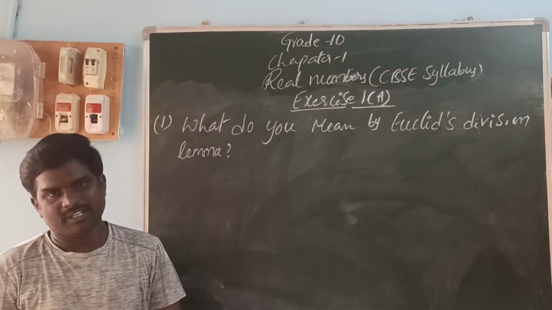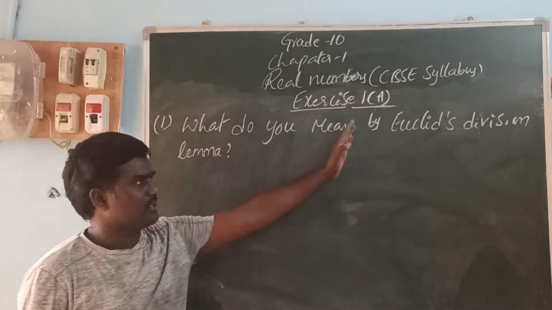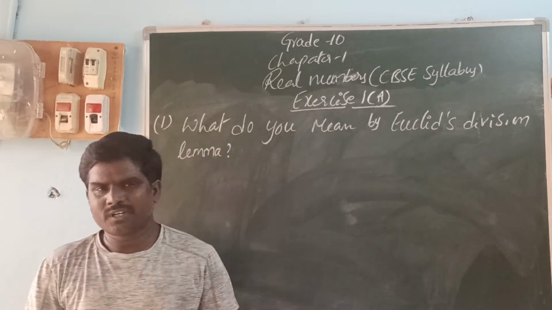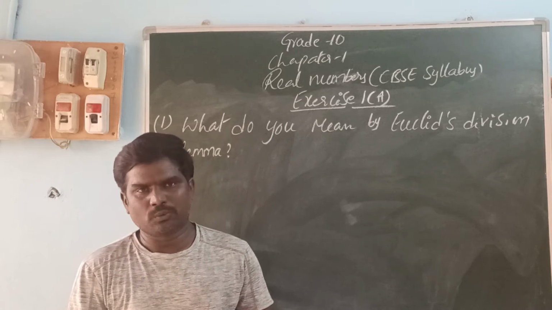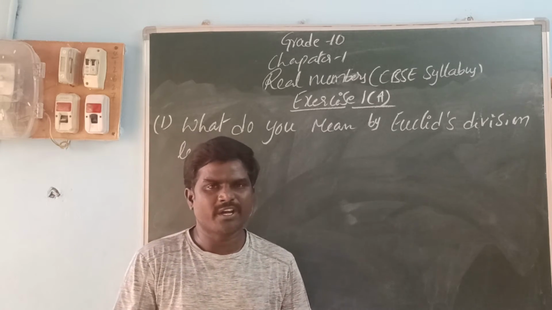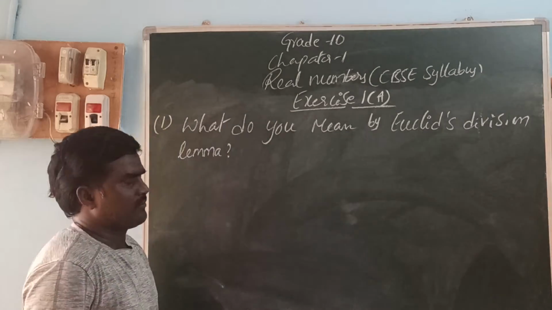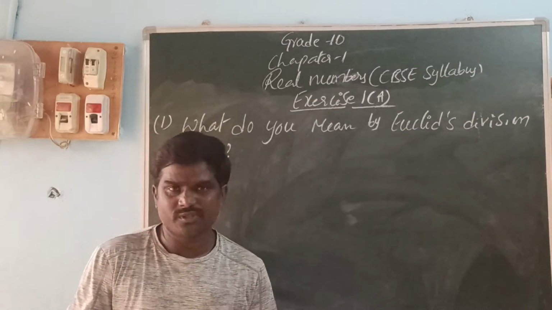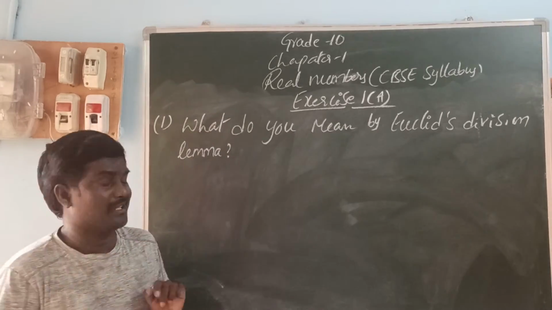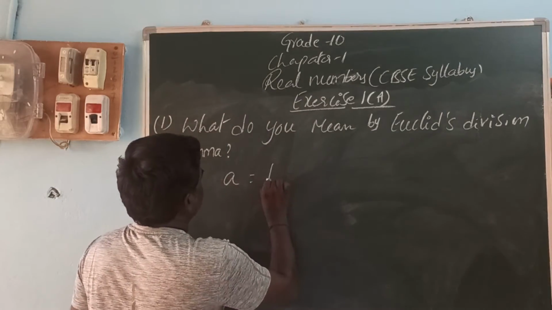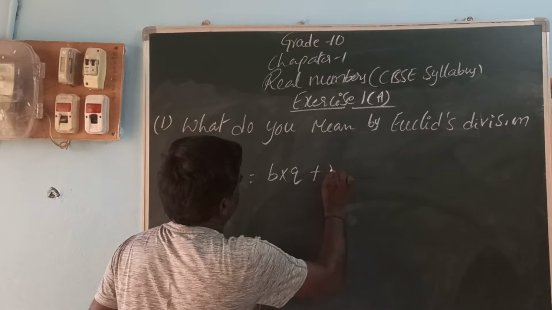Exercise 1. What do you mean by Euclid division lemma? Euclid division lemma is nothing but the division rule. So dividend is equal to divisor into quotient plus remainder. Let us take a as one integer, b as one integer, q as one integer, r as one integer. So here a is equal to b into q plus r.